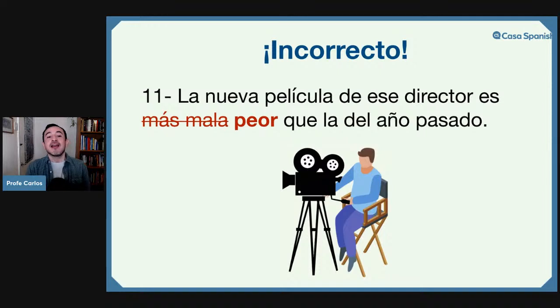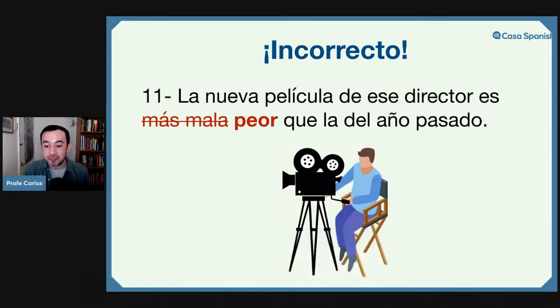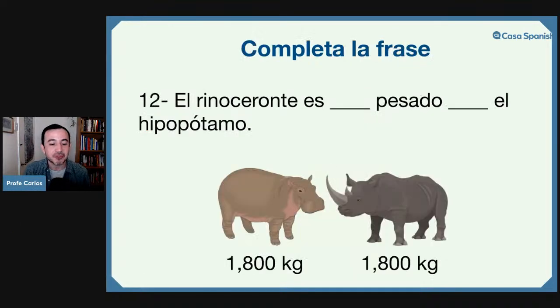Así es. La nueva película de ese director es peor que la del año pasado. Esta es nuestra respuesta. Muy bien, Carrie. Incorrecto, because of course we have to use peor. Excelente. Muy bien, chicos. Continuamos.